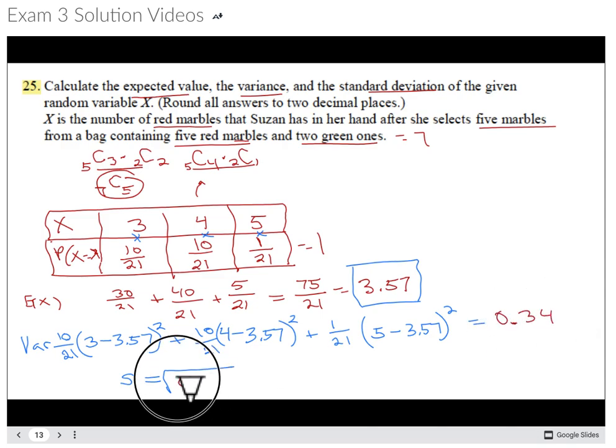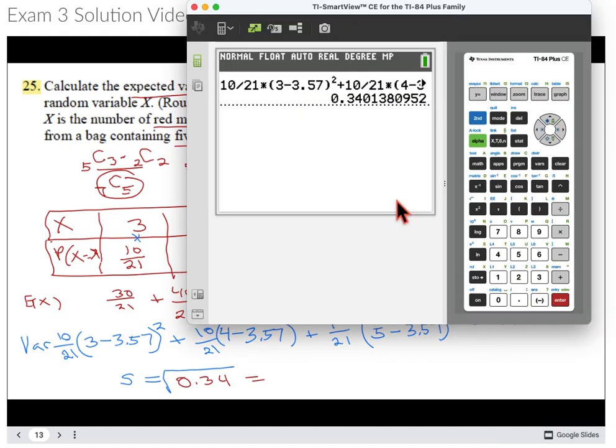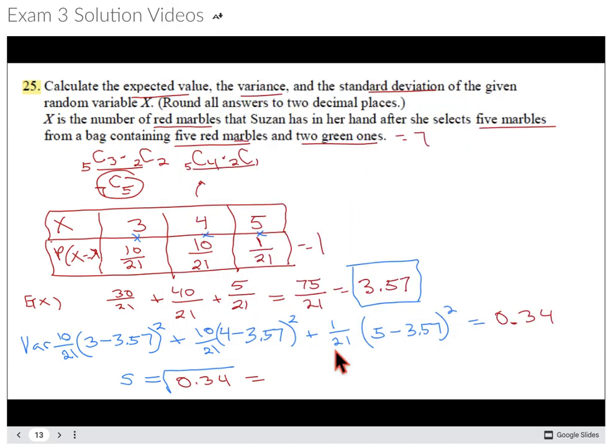So we're going to take the square root of 0.34, and that will give us our standard deviation. We're all good. So then square root of the second answer, it's blue here, 0.58. So this was the mean.